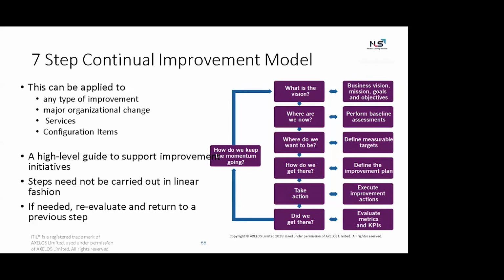So this is the diagram where all the stages and phases are captured with respect to the continual improvement model. So why are we using continual and not continuous? Any idea?